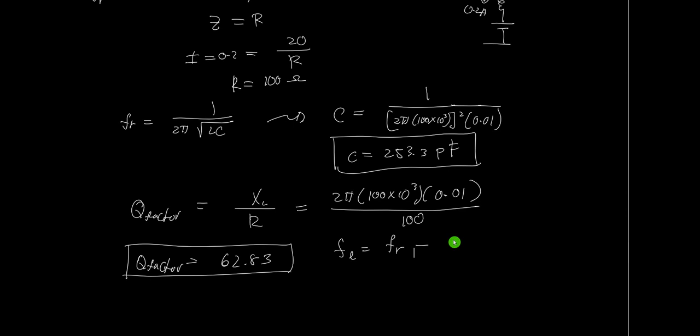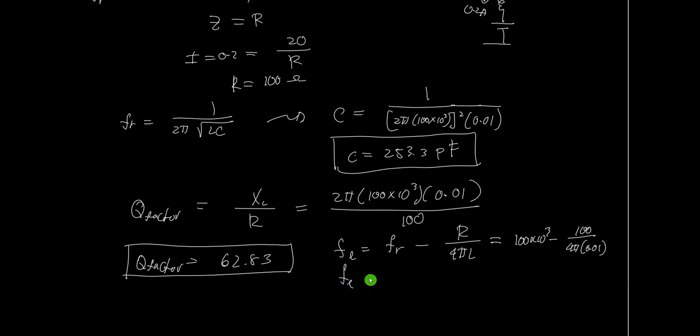That's R over 4 pi L. And F of R, we already know that. That's 100 kilohertz. 100 times 10 to the 3 minus R, which is 100 ohms, all over 4 pi times 0.01.